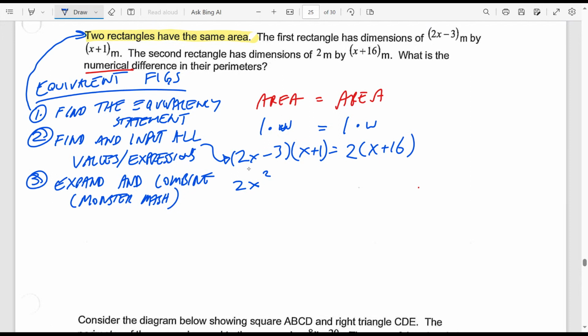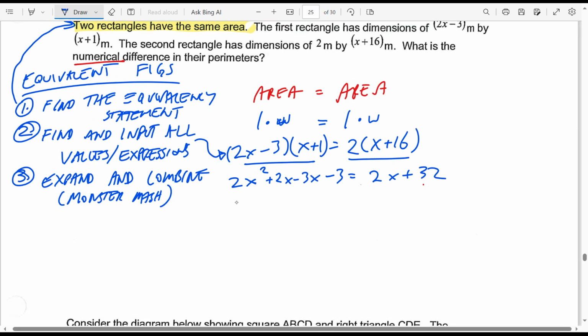I'm just going to do FOIL of this and then distribute that 2 throughout that. So then 2x squared plus 2x minus 3x minus 3 is equal to 2x plus 32. I call it monster mash because you're literally taking that ugly equation and turning it into 1. So it should, by the end of it, be less ugly, kind of.